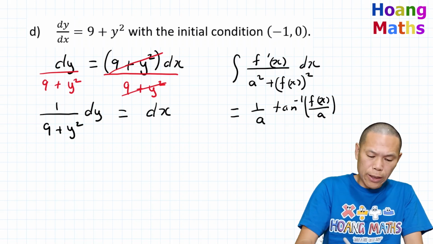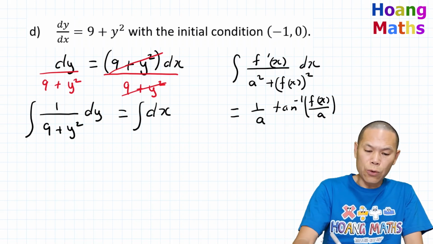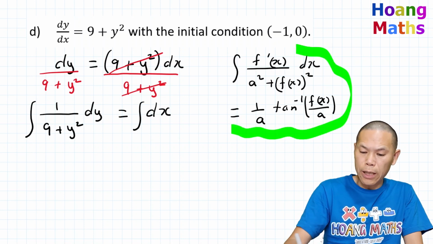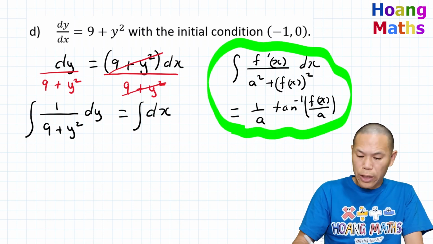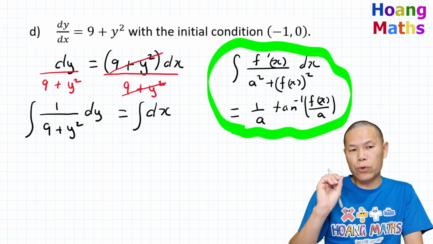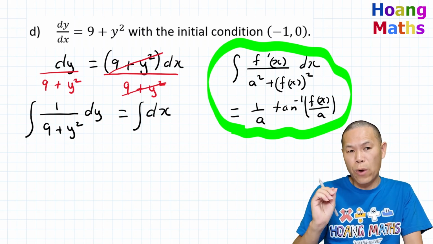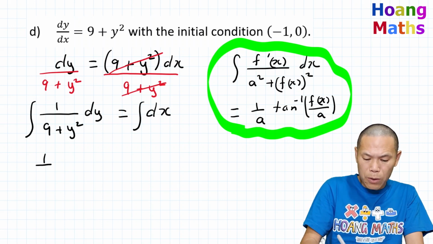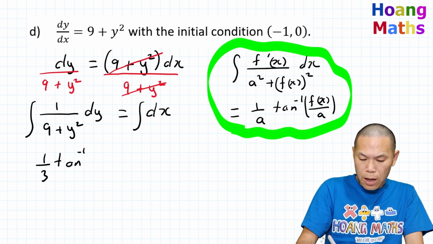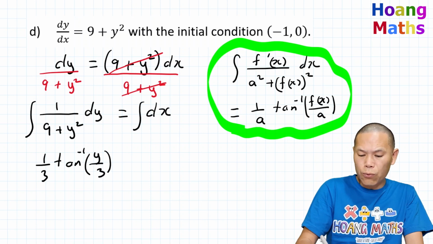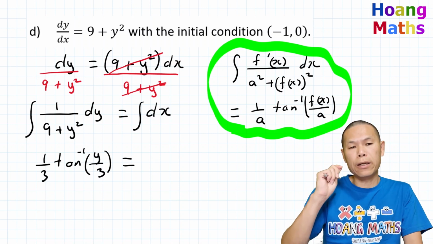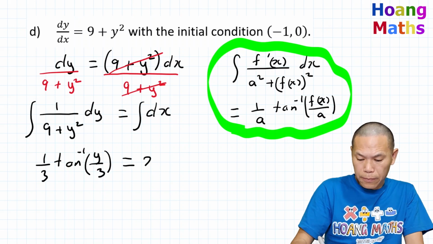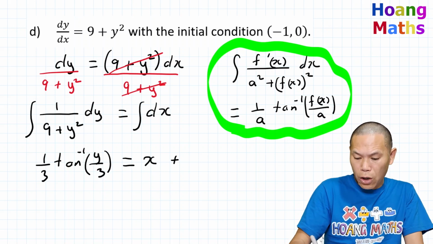So if I integrate this, we can use this formula here, or this rule here, if you wish. So now a is 3, because 3 squared is 9. So a is 3, so that becomes 1 over 3, and tan inverse of f of x, that is y over 3. I just follow the rules, that's all. And integrating dx gives me x. And then don't forget, we need to add a constant.